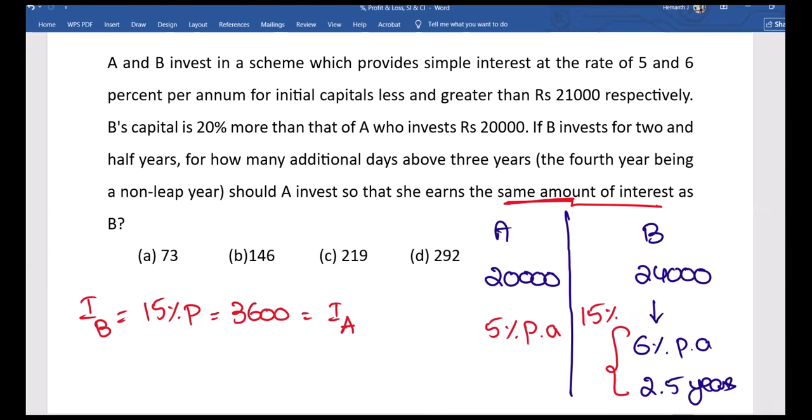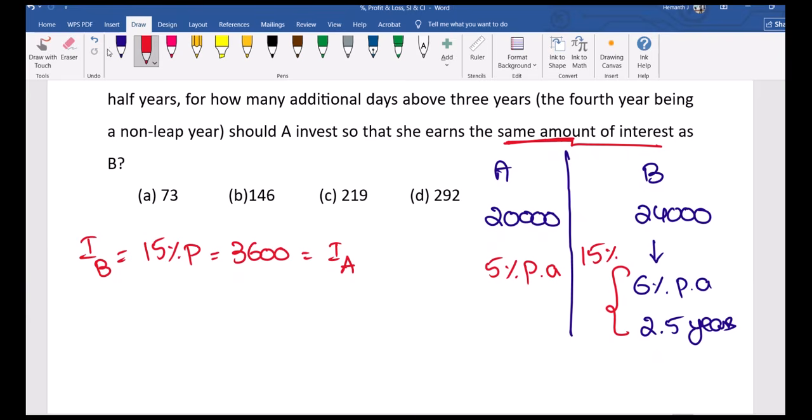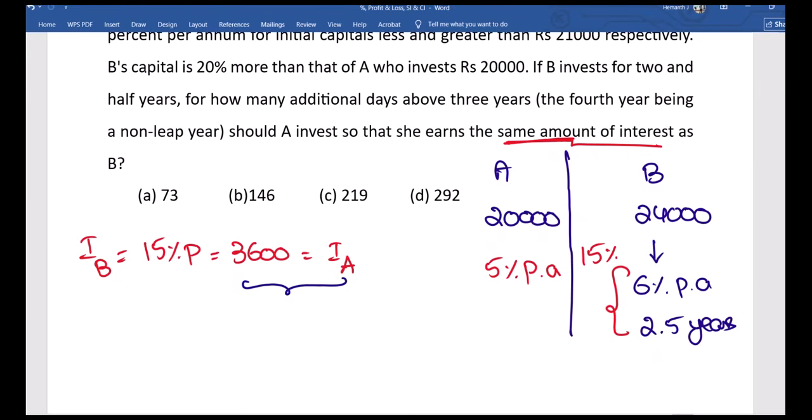Amount means principal plus interest, so you need to read the sentence. If amount were the same, it would mean interest of A plus principal of A equals interest of B plus principal of B. But here it is about interest only, so no worry. A's interest we already got. Interest is principal into time into rate of interest, 5 divided by 100, equals 3,600.